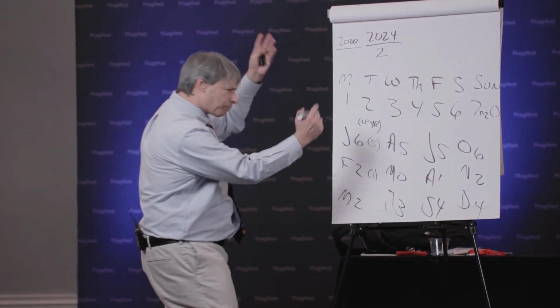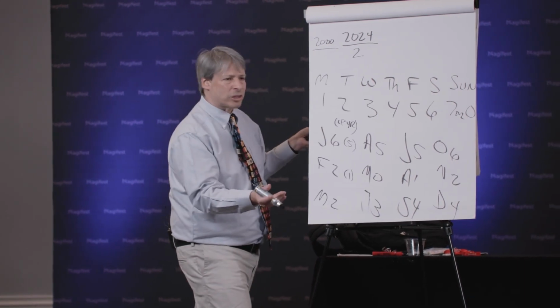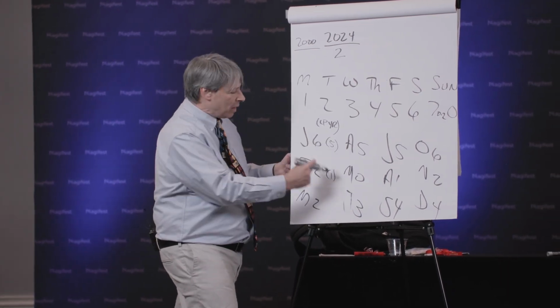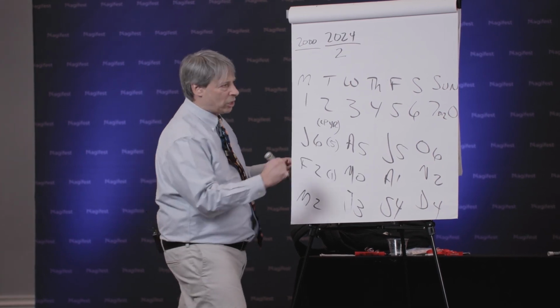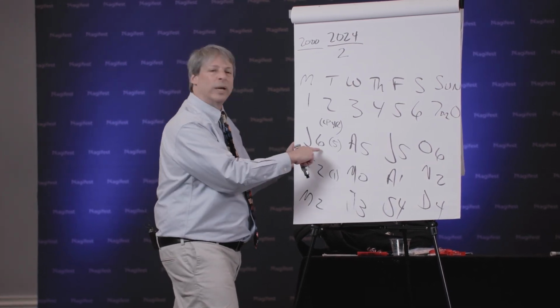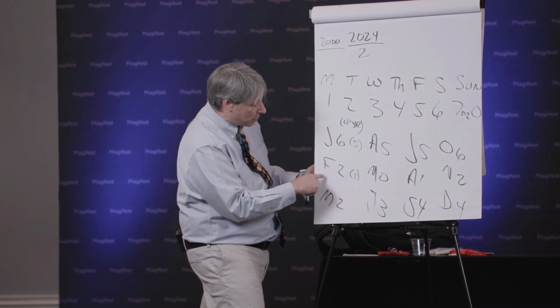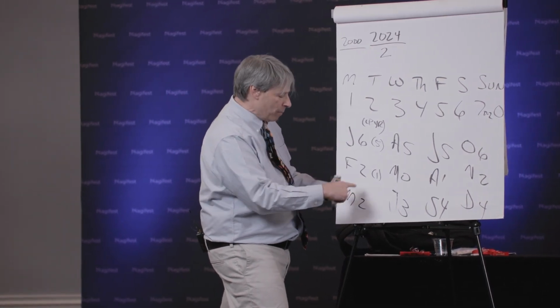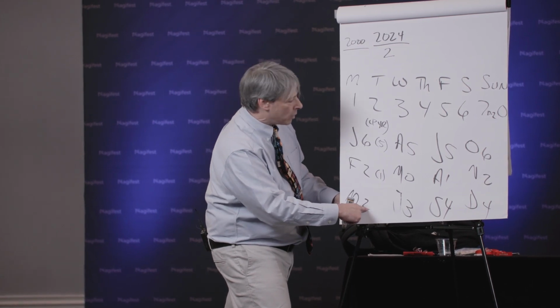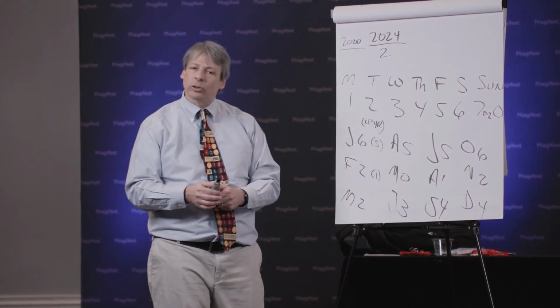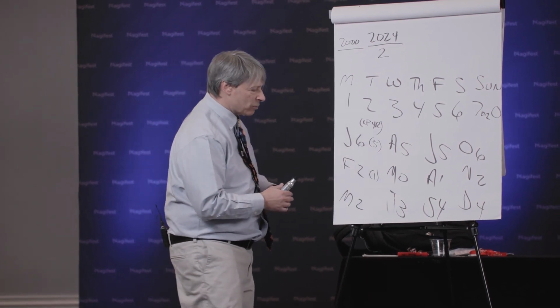So I use associations. For every month, there's something that will remind me of that number. January is winter, and winter has 6 letters. February happens to be month number 2. March 2, the beat of the drum. April has 5 letters, or April Fools has 5 letters.